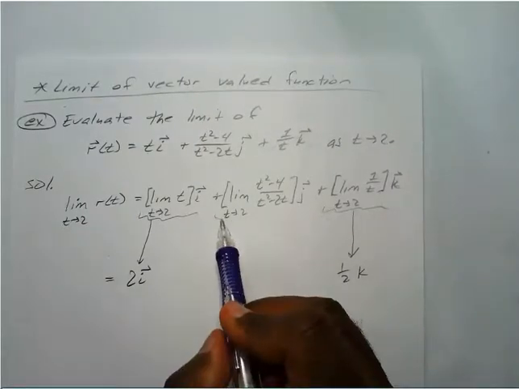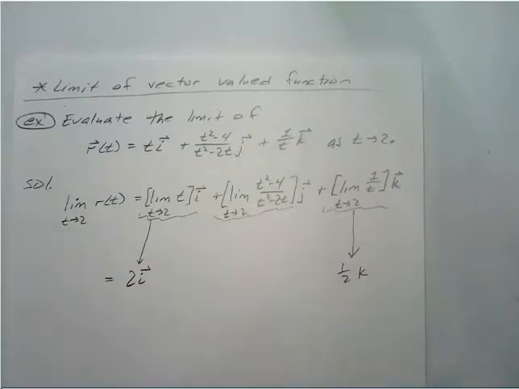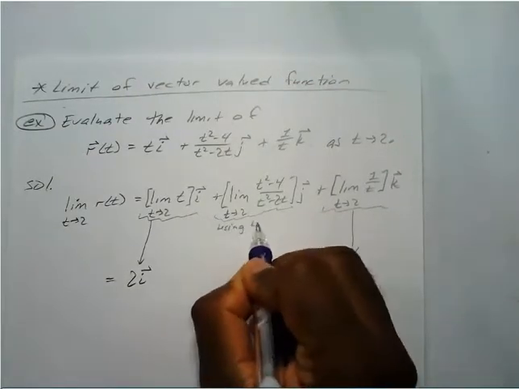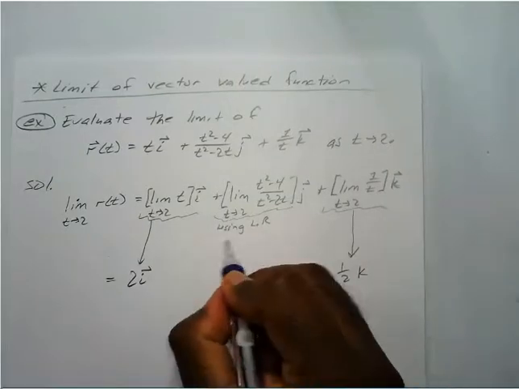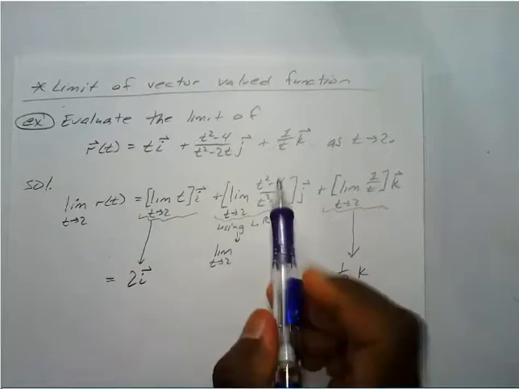Now this middle term, you plug in 2, you get 0 over 0, which isn't an answer, but we know it's indeterminate, so we can just use L'Hopital's rule. So using L'Hopital's rule, that gives us the limit as t approaches 2.